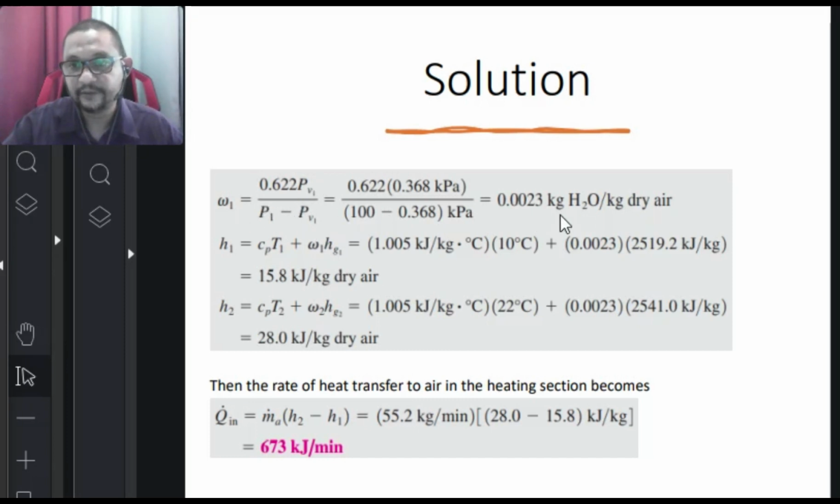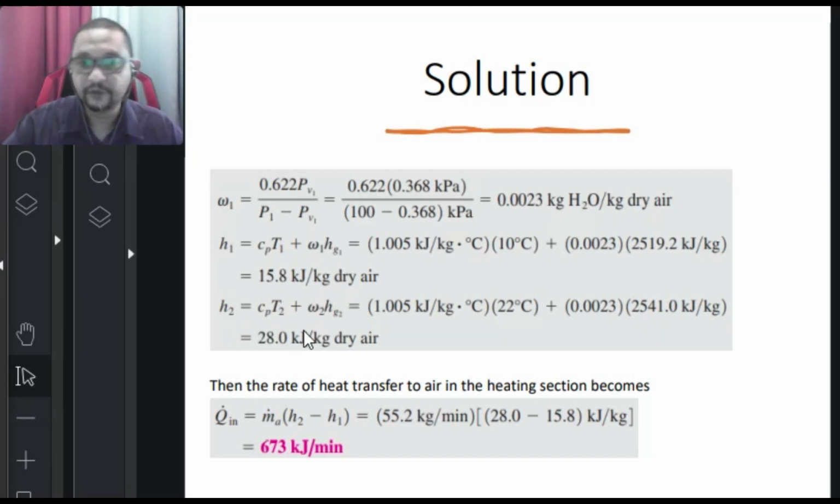So in here you will get omega 1 is 0.023 kilogram water per kilogram dry air. h1 is equal to c_p T1 plus omega 1 h_g. These equations you can see again in part 1, air conditioning, which I have discussed earlier. So h1, put in all the values, and then you will get 15.8 kilojoule per kilogram dry air.